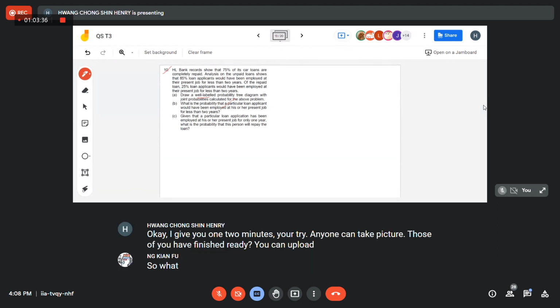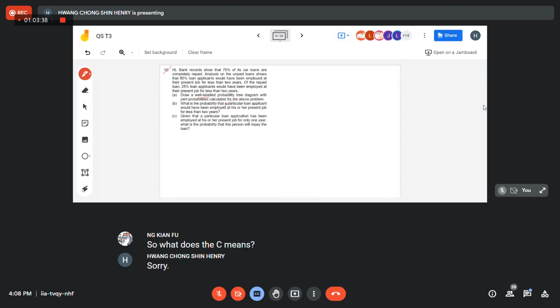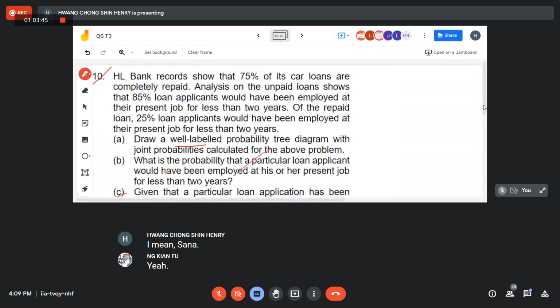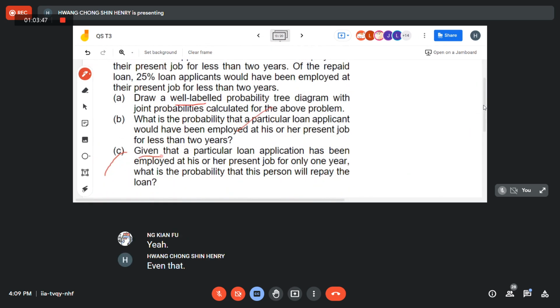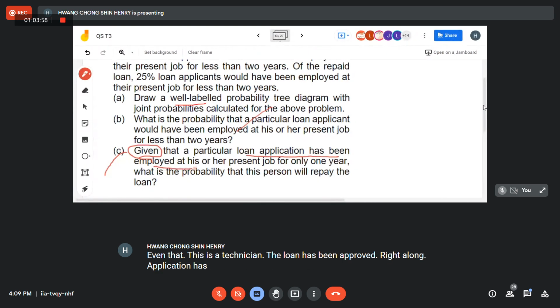So what does the C mean? Sorry? C. You mean this one? Yeah. Given that, this is a condition, the loan has been approved, and the applicant has been employed for only one year.